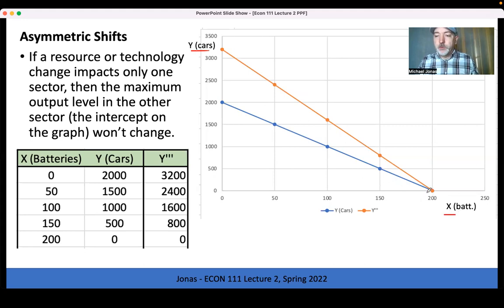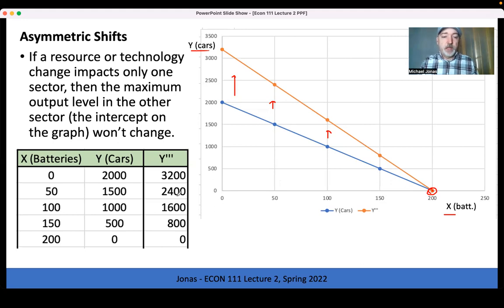If all the resources were used in batteries, there's no change, right? So that intercept point isn't changing, but the level of Y for a given level of X is increasing. So we can really think of it as a change in the slope of the PPF.